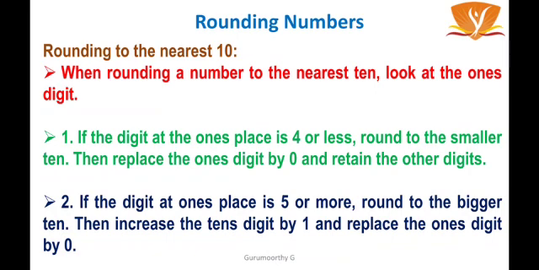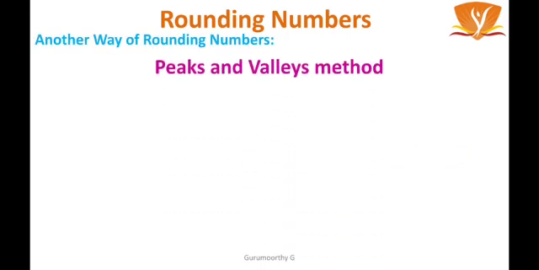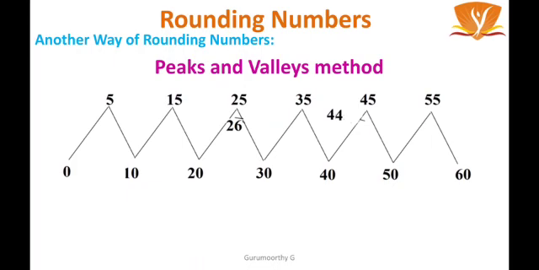Dear children, another way of rounding numbers is the peak and valley method. Here, this folded number line looks like a mountain with peaks and valleys. The mountain's peak shows the numbers that are halfway between the tens, or the valley.